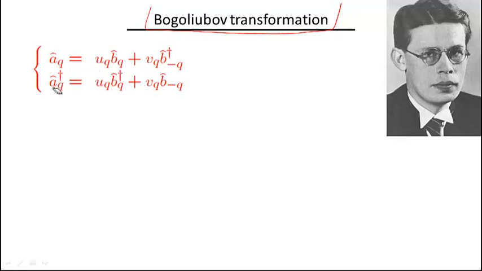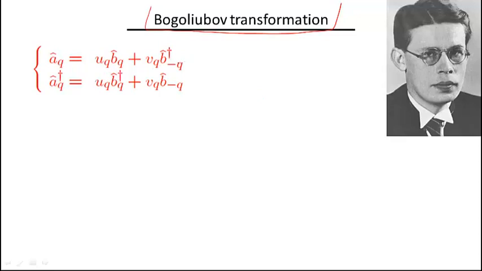In this case, this second definition is actually redundant, because the definition of the creation operator can be obtained from the definition of the annihilation operator simply by applying Hermitian conjugation. But in any case, let us assume that we can construct such operators. The first thing we need to do, and I'm basically describing the strategy of constructing Bogoliubov transforms, is to make sure that this b and b dagger are indeed creation and annihilation operators.